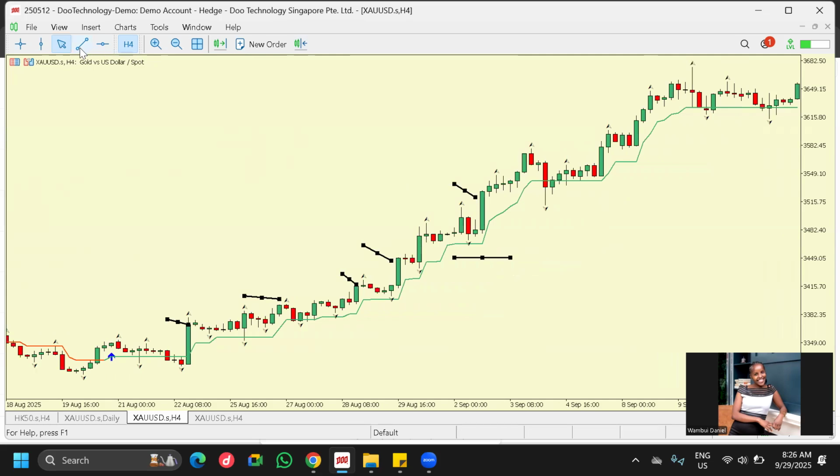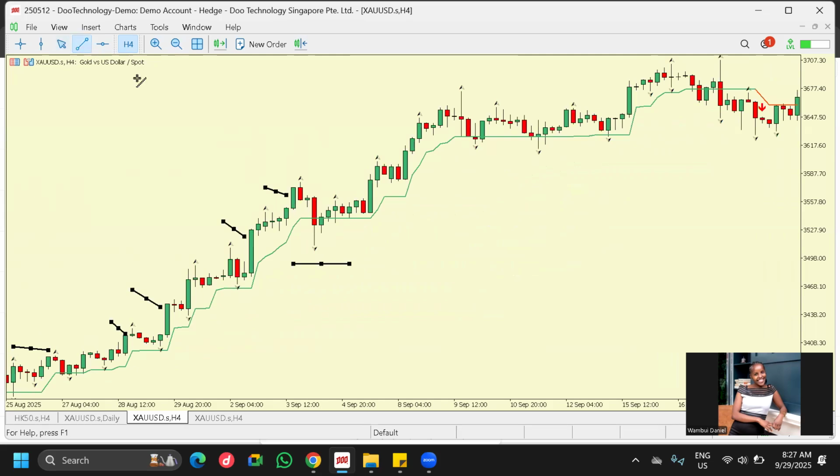You'll also have entered after this candle because it closed above the fractal, so all the stop losses, including that here. You see, you are having so many trades running right now. This one closed above this fractal, same place. You would have entered here. That one closed above the fractal.